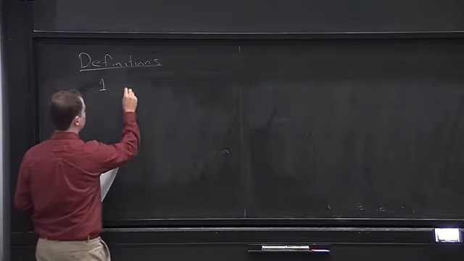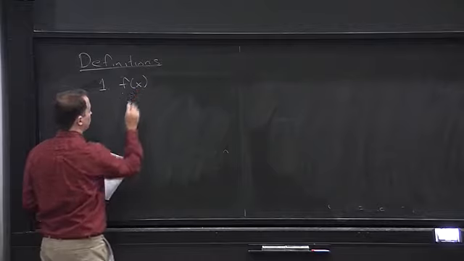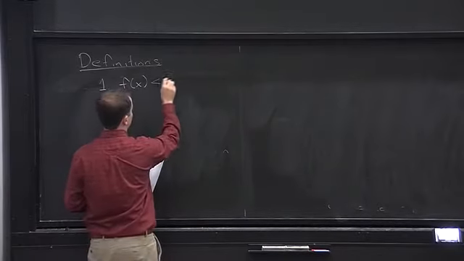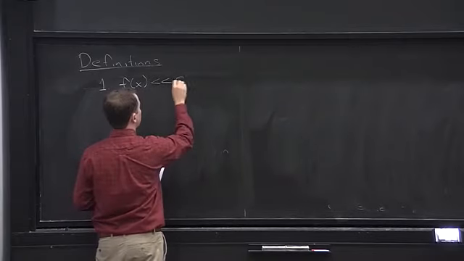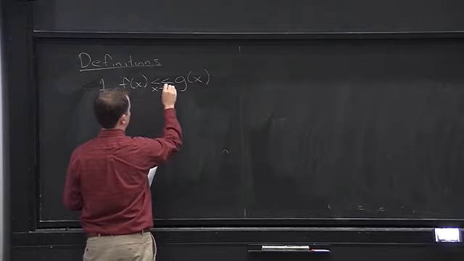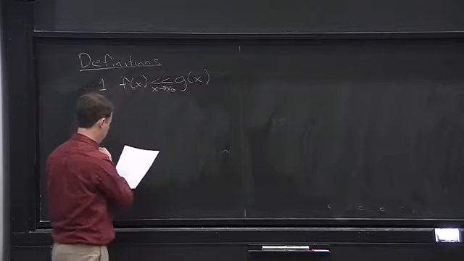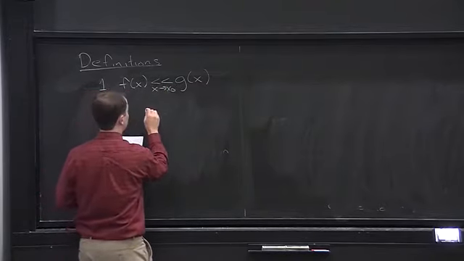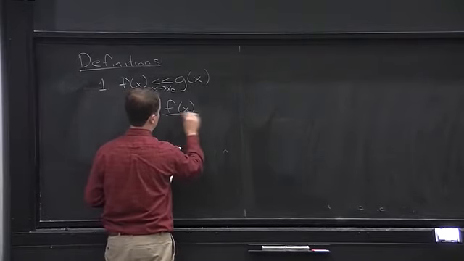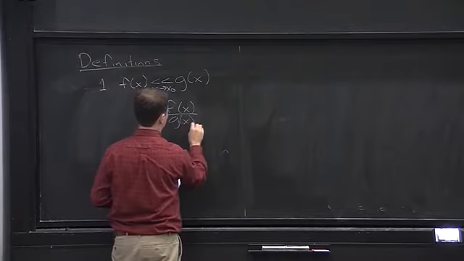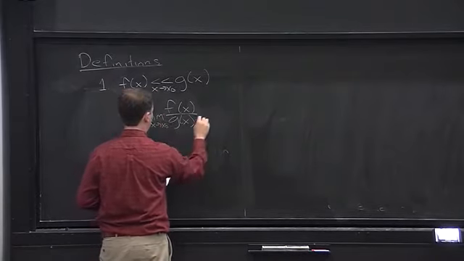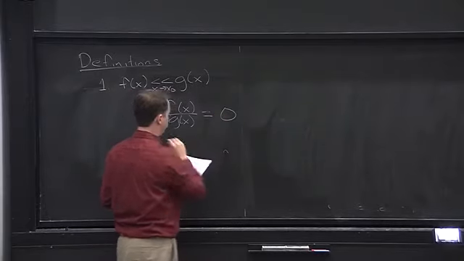So our first definition is that a function f is much less than a function g as x approaches x naught if the limit as x goes to x naught of f of x divided by g of x is 0.